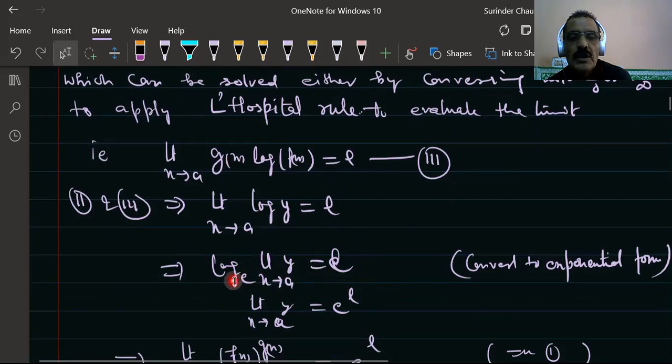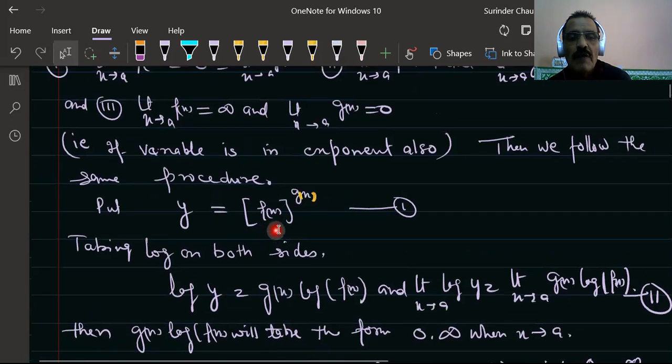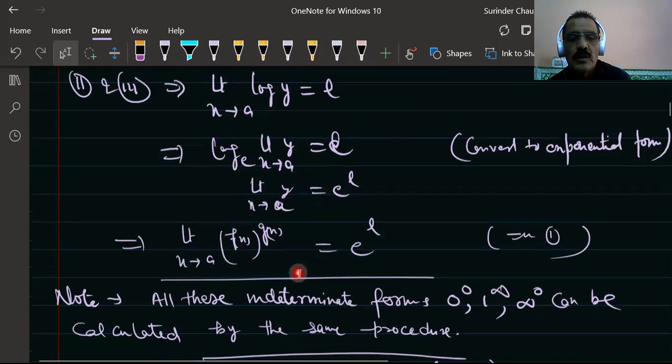So log of limit x to a of y with base e is equal to L, which implies limit x to a of y is equal to e to the power L. Let's substitute y here. What was y? y is equal to f(x) to the power g(x). So the limit x to a of f(x) to the power g(x) is equal to e to the power L.